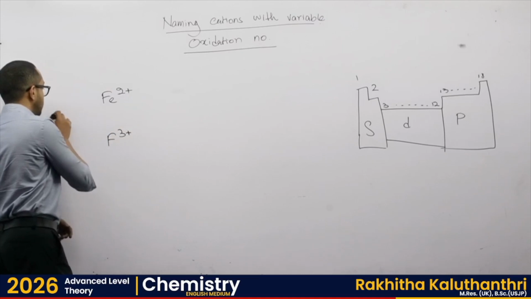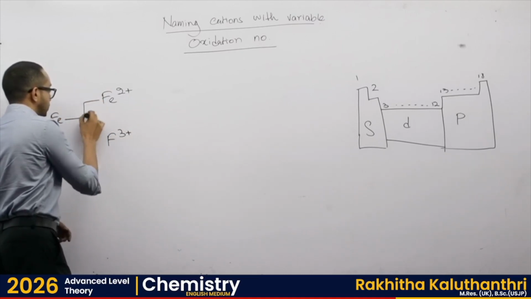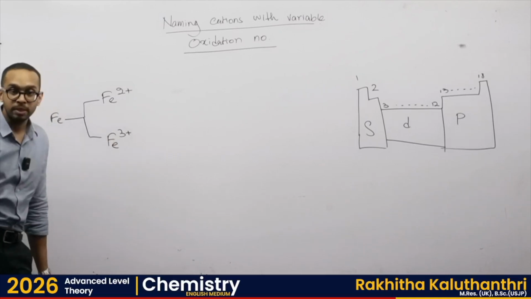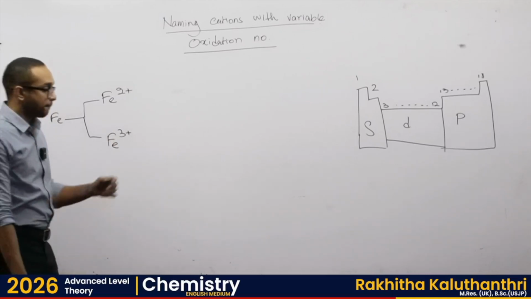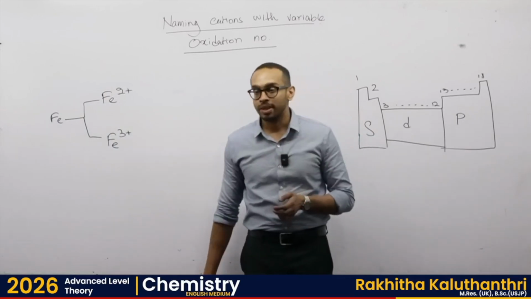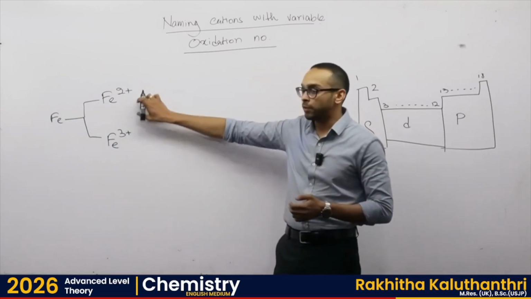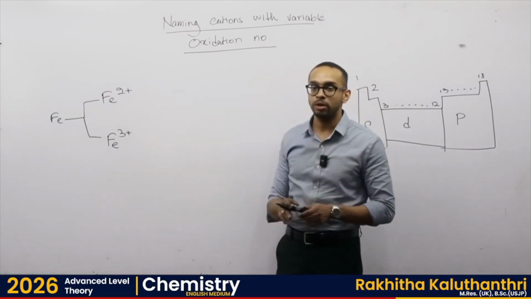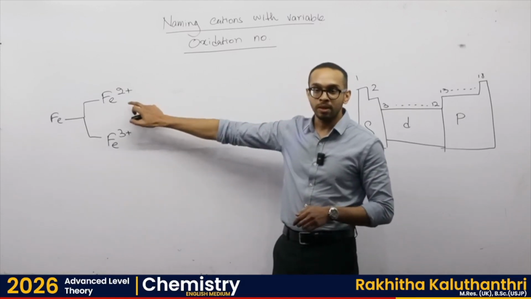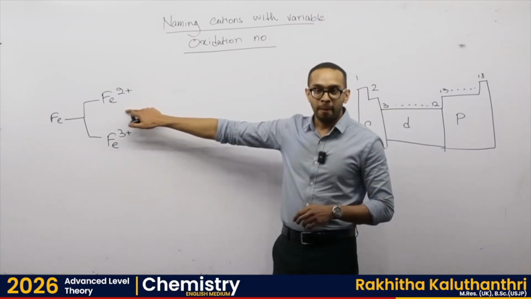These are the two main ions it can form. Now we have to find a way to name them. Can anyone tell me the name of Fe2 plus ions and Fe3 plus ions? You might already know. What is this called?